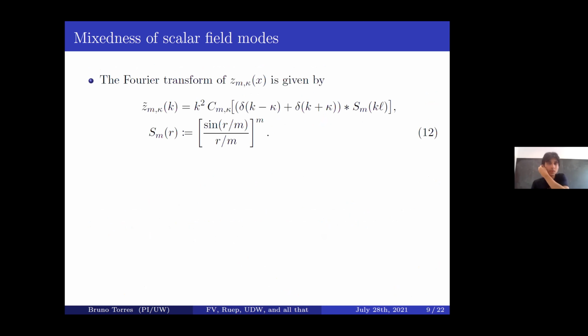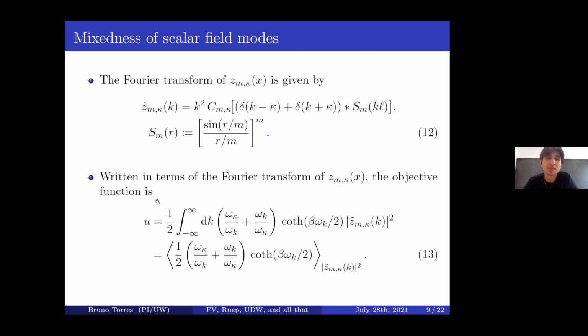So yeah, now you can just compute the Fourier transform of that function, and that will be given by this, right? K squared again comes from the second derivatives. The convolution here comes from the convolution theorem for Fourier transforms, and Sm here is nothing but the Fourier transform of the self-convolution of the step function, of the rectangle function.